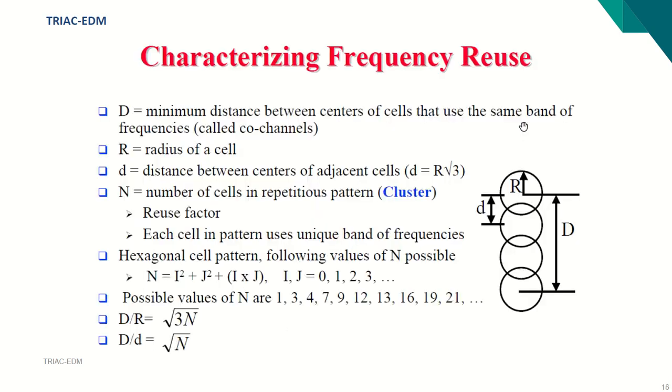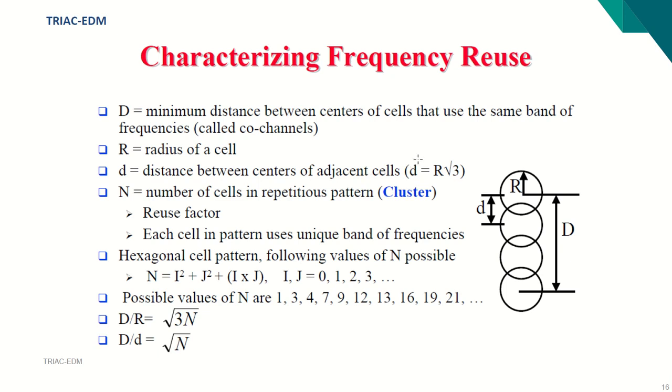Okay, and then how will we characterize frequency reuse? Let's make some notations. The first, D, is the minimum distance between centers of cells that use the same band of frequencies, called channels. Then R will be the radius of a cell. Small d will be the distance between centers of adjacent cells.